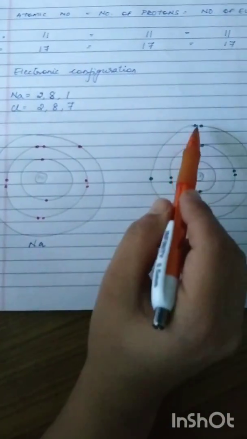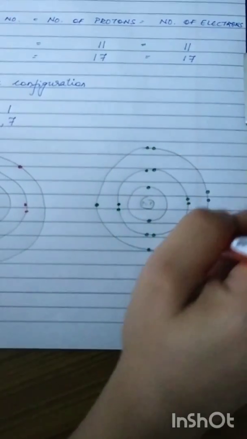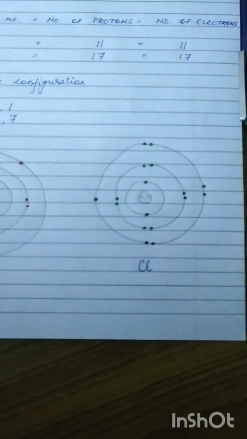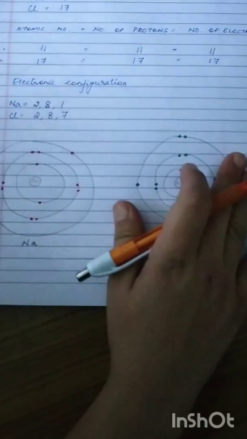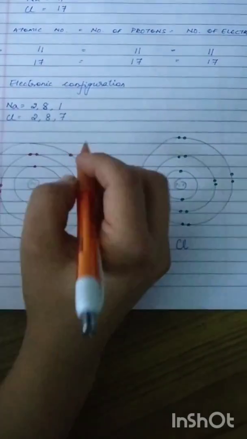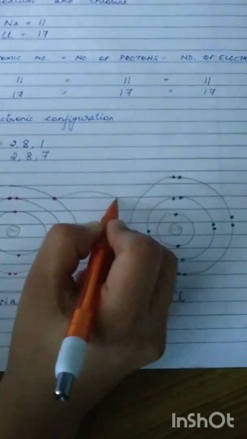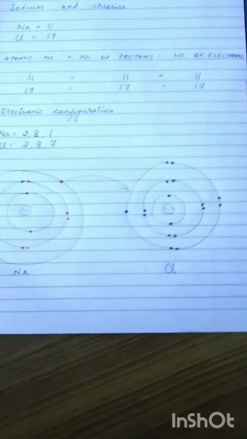Similarly, chlorine has 7 electrons in its outermost orbit. If it receives 1 electron, it will have 8 electrons in its outermost orbit and it will become stable. So what happens is metals always give, non-metals always accept. So now sodium will give away its electron to chlorine.